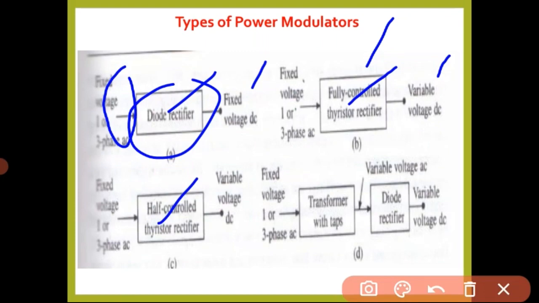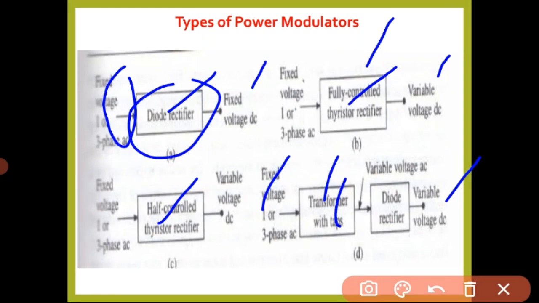Here is a fixed voltage, single phase or three phase, but here a transformer with taps is used. The fixed AC voltage goes to the transformer with taps, so what will we get? We will get a variable voltage, and this variable AC voltage is given to the diode rectifier. The diode rectifier converts AC to DC, but finally we get a variable DC voltage, even though we are using a diode rectifier.